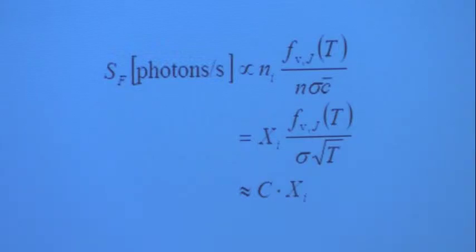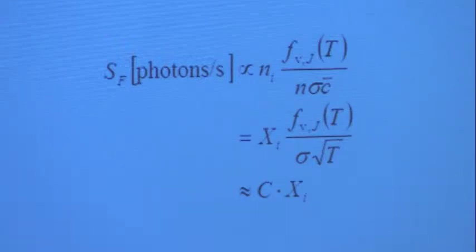So if you pick the right quantum state, you can nullify all these temperature dependencies and get a signal proportional to the mole fraction you're after. Well, this isn't perfect, but it's pretty good. So this is one way to try to get images that are proportional to the mole fraction, if that's what you're after. So you have to select a quantum transition, which depends upon V and J, such that this is independent of T.